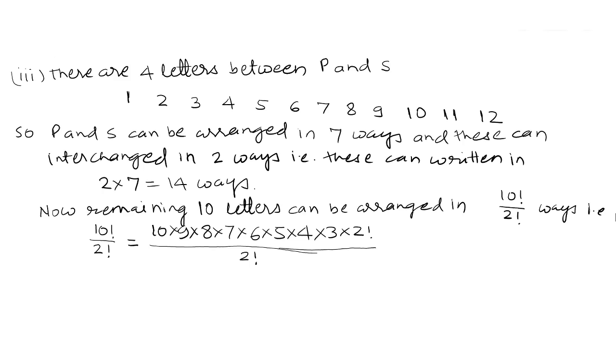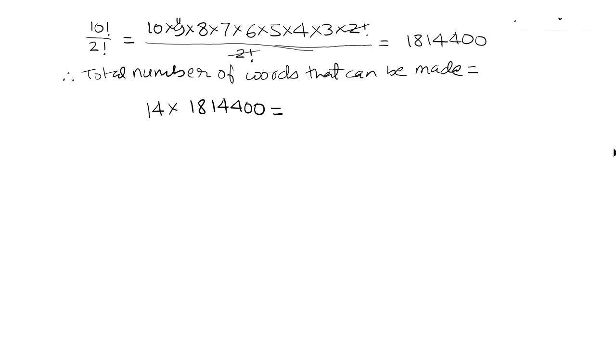The 2 factorial of the denominator is cancelled with the 2 factorial of the numerator. This gives us 10 multiplied by 9 multiplied by 8 multiplied by 7 multiplied by 6 multiplied by 5 multiplied by 4 multiplied by 3 equal to 1814400.